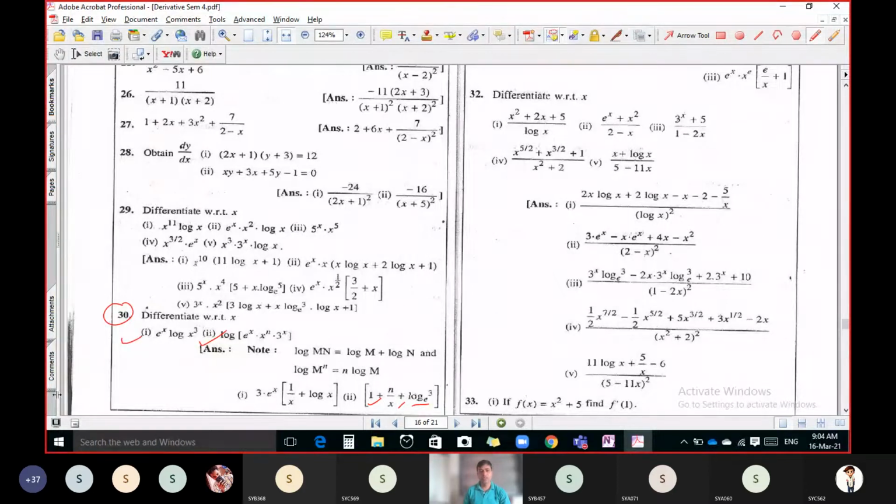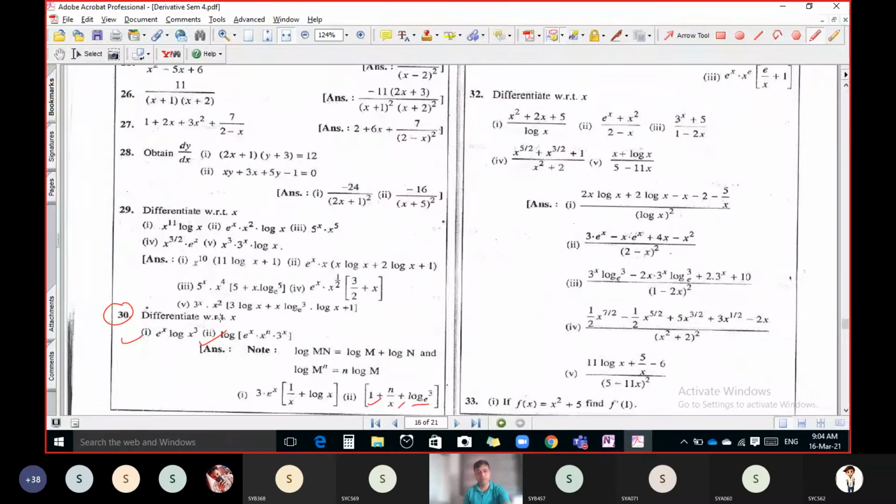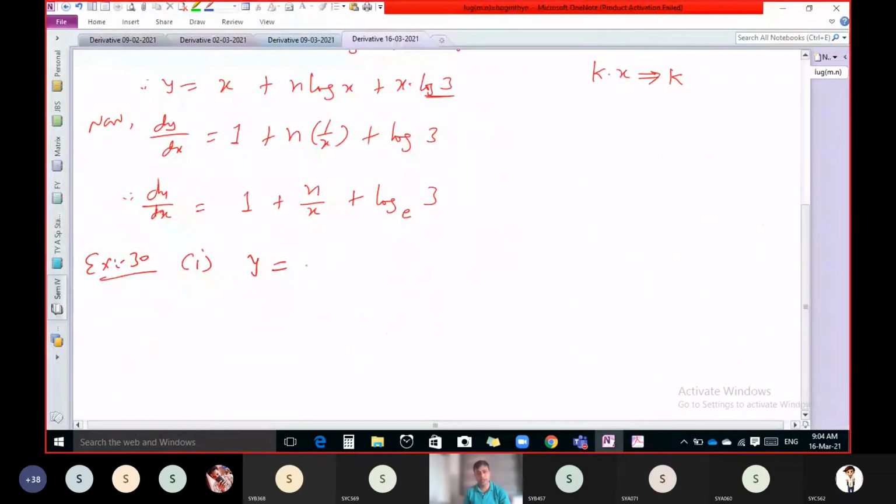Okay, let us do this question. Question number 1. y equals e raised to x into log x cube.